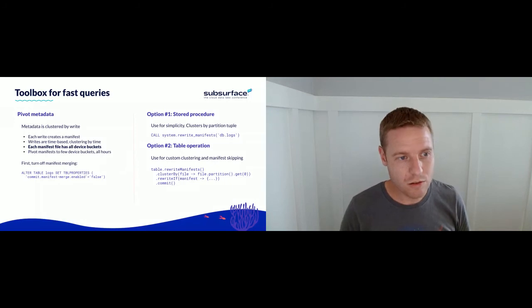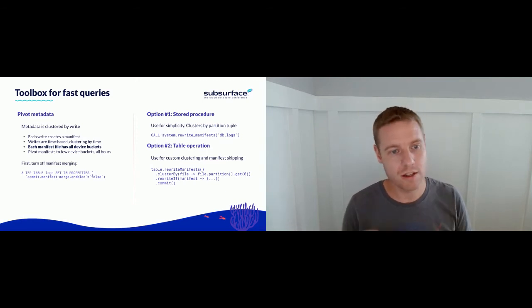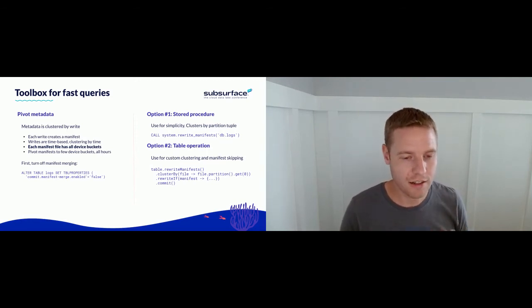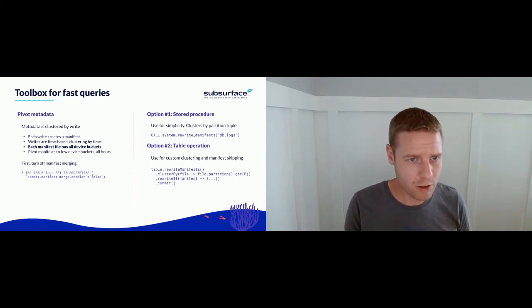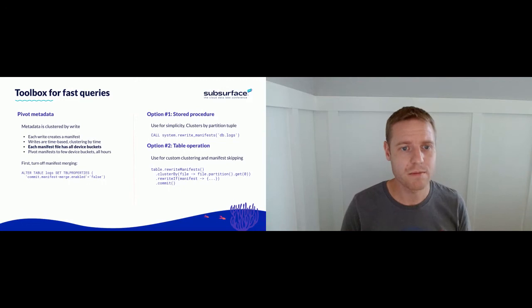So what we're going to do is pivot the metadata using a very simple stored procedure, or using a table operation that is part of the Iceberg API. For simplicity, all you would have to say here is call system.rewrite_manifests in our logs table.